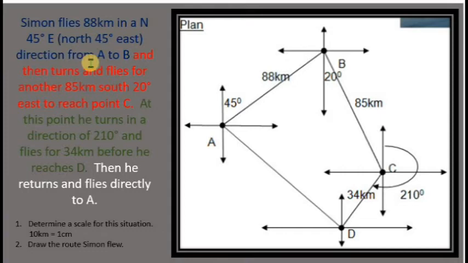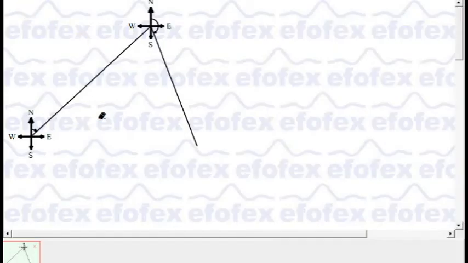Let's just remove this one. Okay, and again, let's just go back. They ask us 85 kilometers. That means it's going to be 8,5 centimeters.